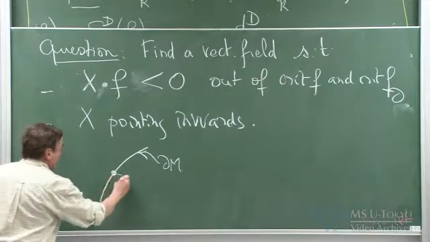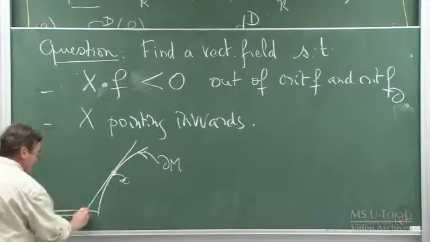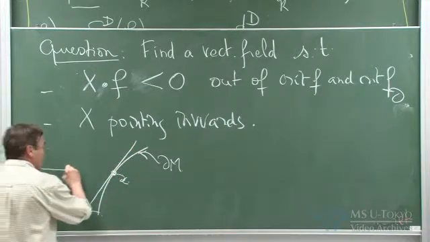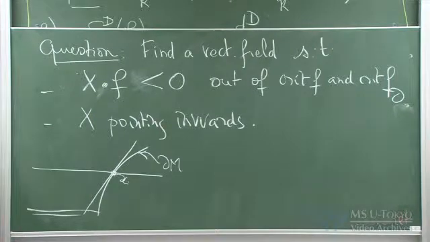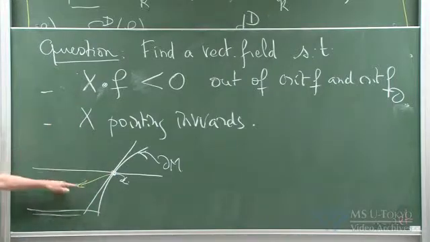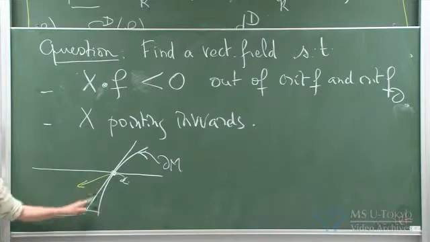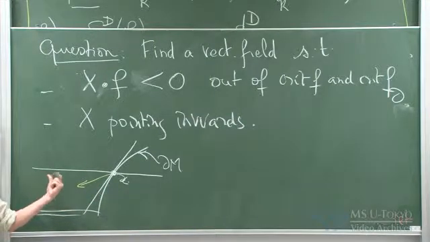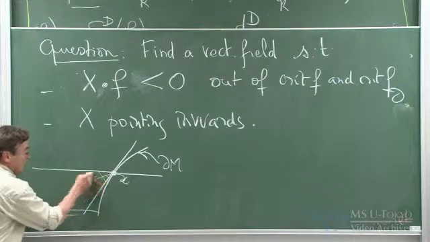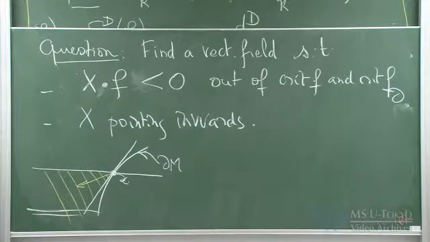You are at this point, and you have to satisfy two conditions. The first one, the vector is pointing below, and the second one, the vector is pointing inwards. So you must be in this cone, more precisely in the interior of this cone.